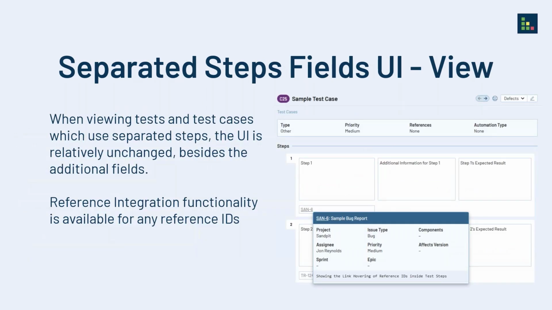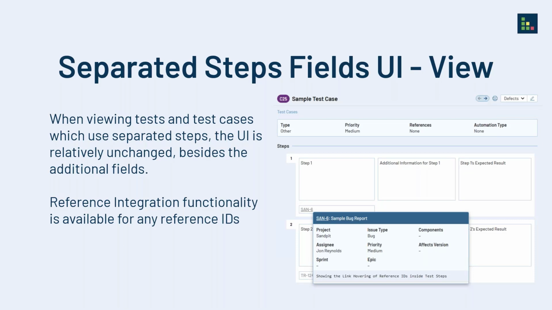So when viewing your test cases, a saved test case, the text boxes for these steps are laid out pretty similarly to the way they are already. However, if you have 4 fields enabled, you will have the 3 larger text boxes then the smaller reference field here. And I've also shown an example of the link hovering, which would still work for the references entered inside the reference field.